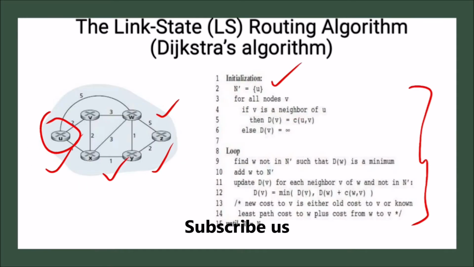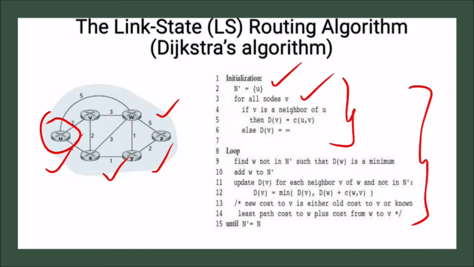For all nodes V, if V is a neighbor of U, then D(V) is equal to C(U,V); else D(V) is equal to infinity. Let us understand this step in the figure.